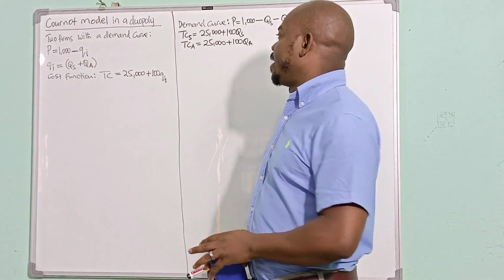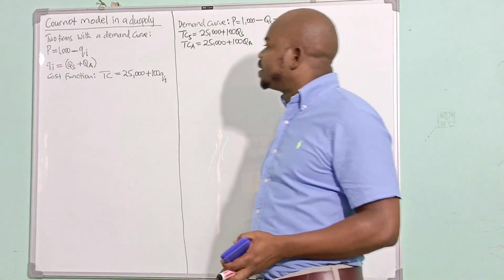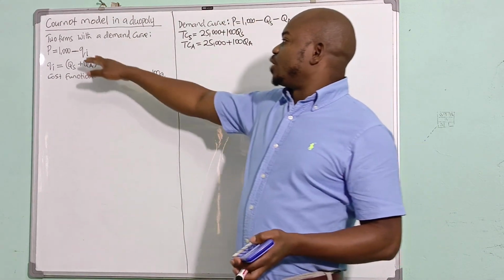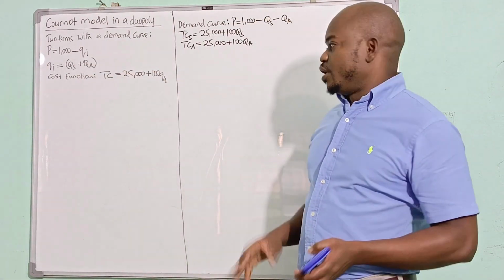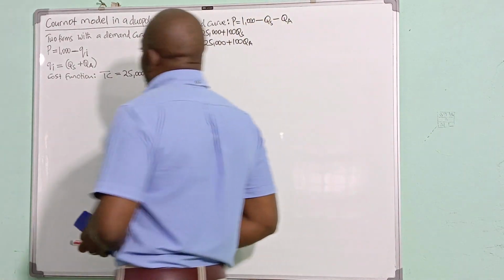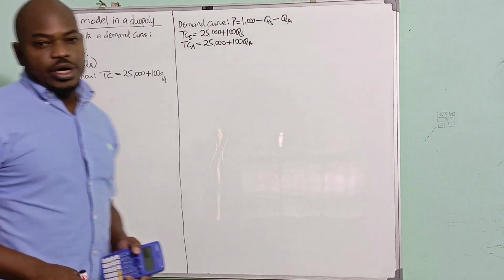In this lesson, I'll be teaching how to calculate the quantity that should be produced if there are two firms in an industry. What we are looking at is what we call the Cournot model in a duopoly.